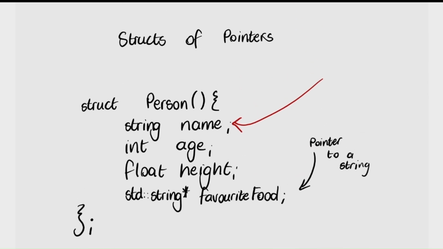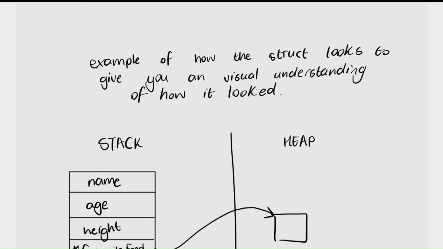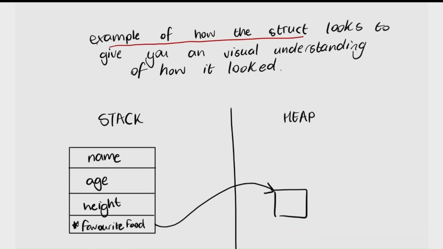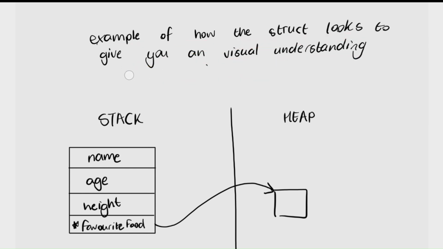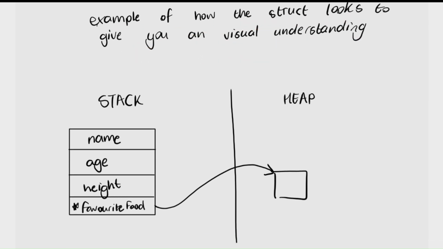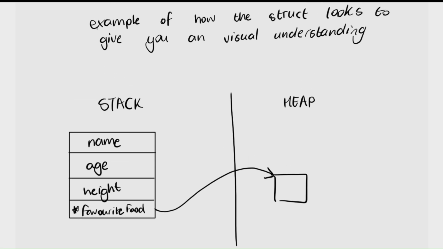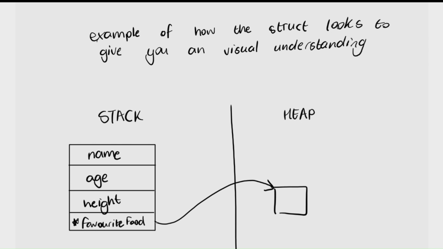If you want a visual representation of what that looks like, let me give you an example of how the struct looks to give you a visual understanding of that. I don't know if all of this is stored in the stack, but anyway, we have the pointer in the stack, and it is pointing to the heap, which would store the actual variable.